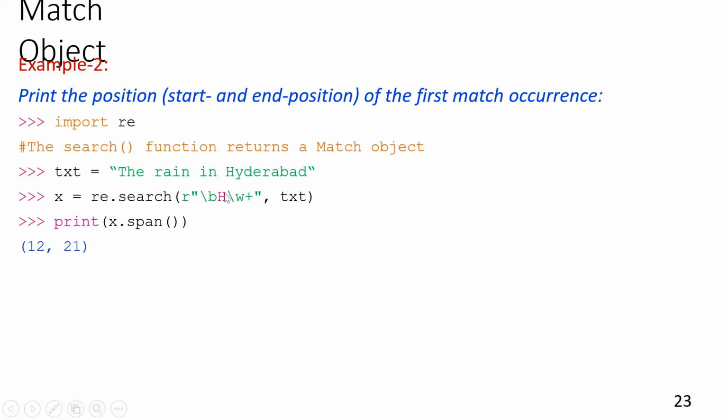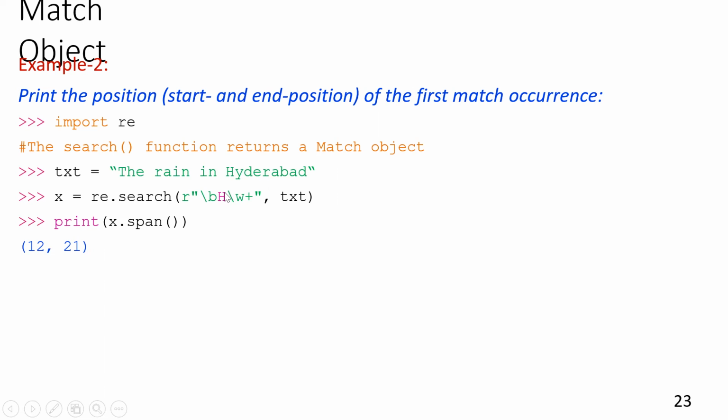Okay, so H is present at the beginning of the word, so it returns a match, and all the word characters starting with this H are matched. It will give the position of this, starting at the 12th position and ending at the 21st position. So whenever you call span, it will give the position of the pattern.